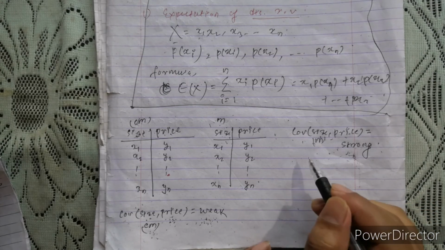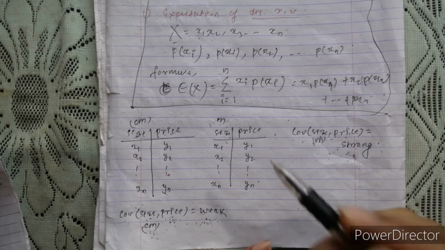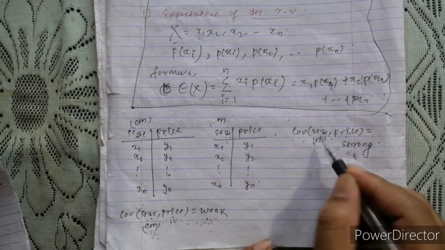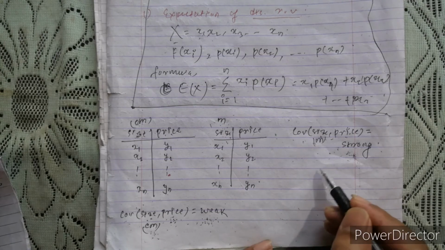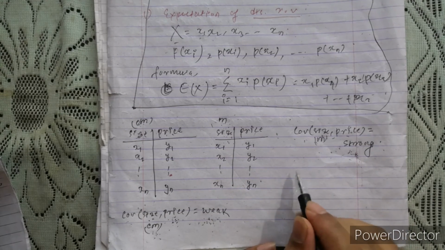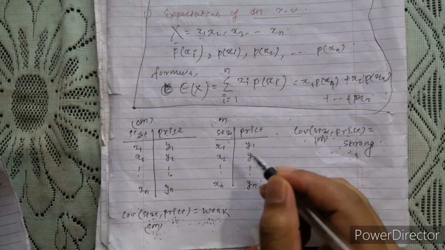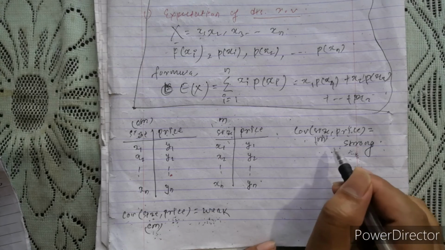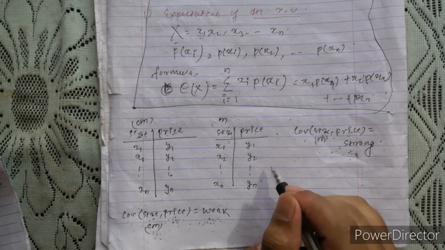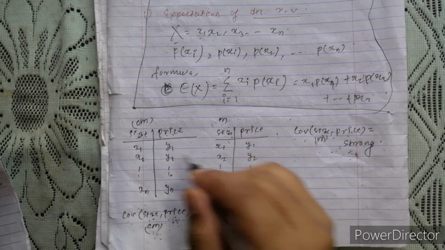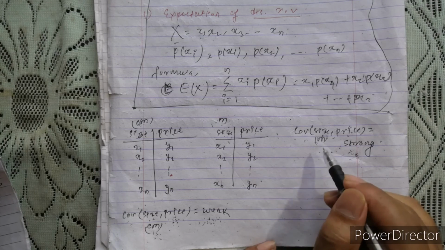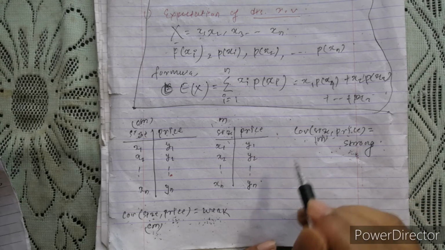So here we can see that for the same variable size, when they are in a different scale, we get two different covariances. So this is the basic idea behind how the scale of the variable affects the covariance. So we can see that when the same variables are in a different scale, we will get two different covariances between the variables.